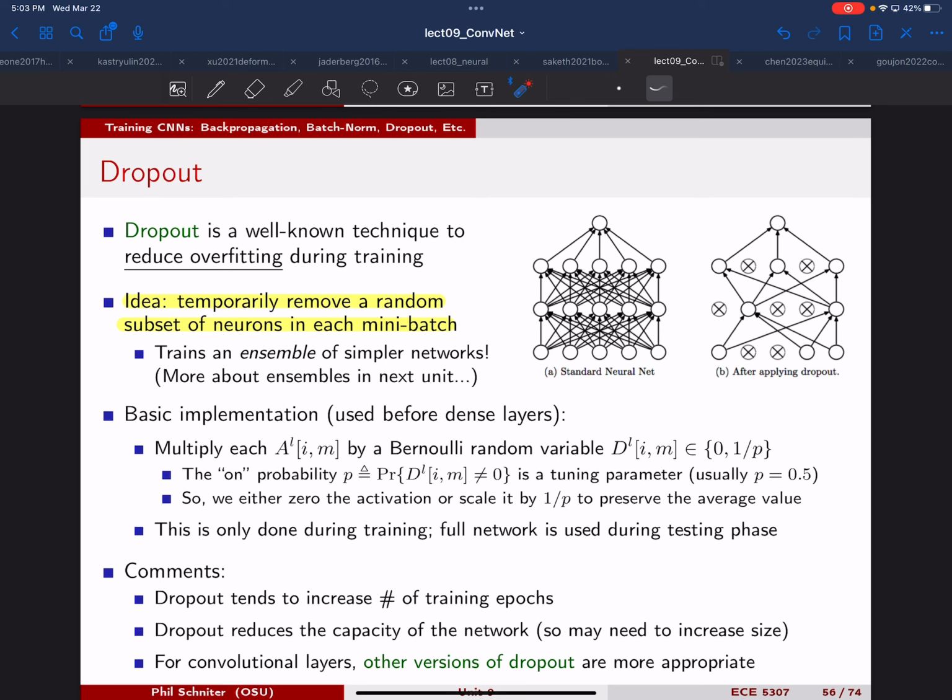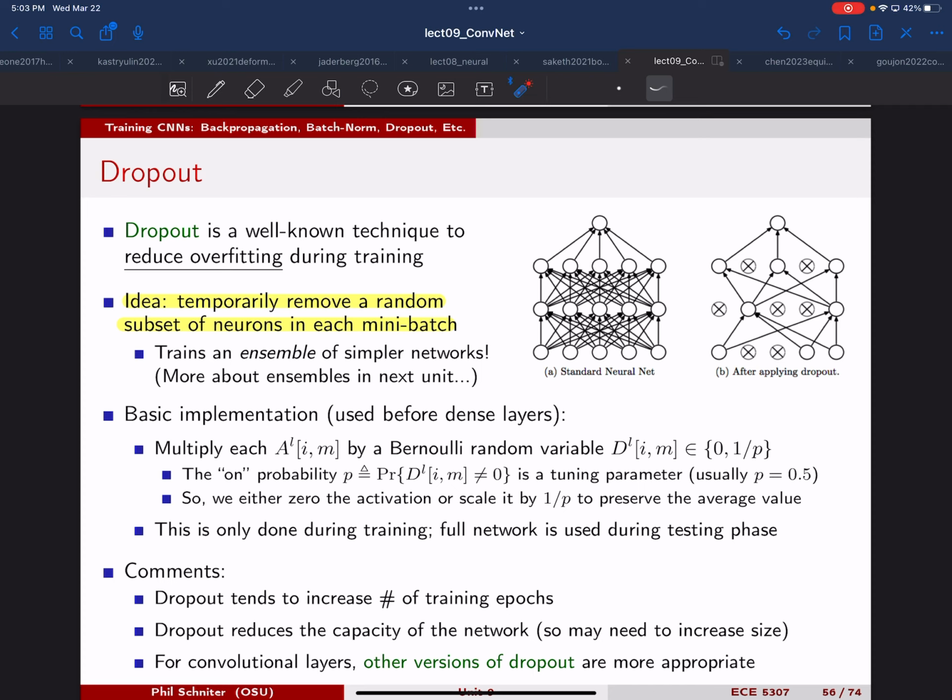Ensembles are something we haven't studied yet. We're going to talk about them in the next unit. Ensemble techniques are a way of taking a lot of simple predictors and putting them together to make a really good predictor that's much more powerful than the simple ones. So again, we'll talk about that in the next unit, but that's a way of thinking about why dropout works.